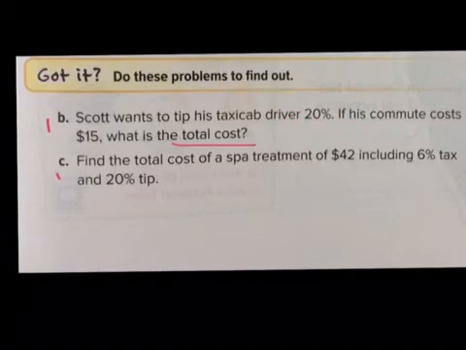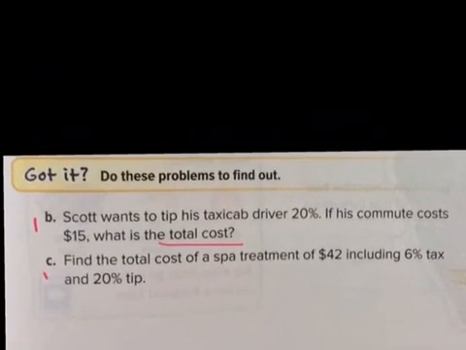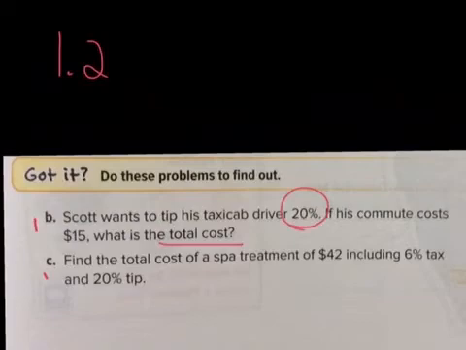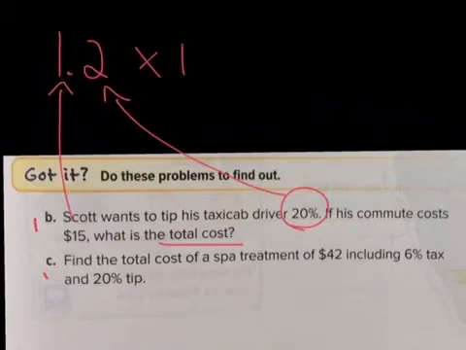$15 plus 20%, right? In order to do that, don't forget we have to multiply the 15 by 1 plus 0.2, which is our 20%. So that's this, and the 15 is going to be that. And together they'll give us our amount. So times 15, right? Equals, I'm sure a lot of you can do this in your head.